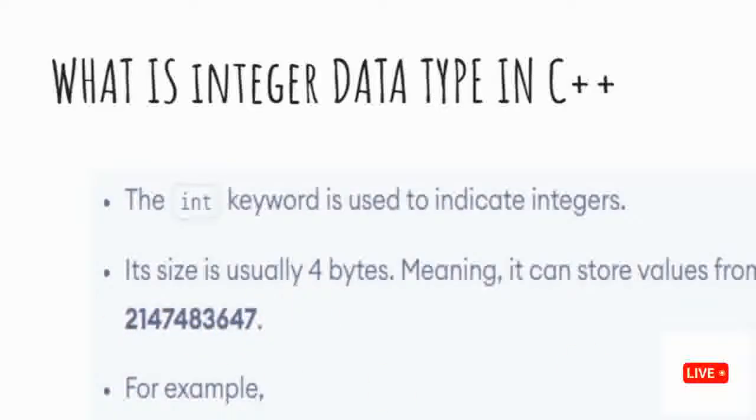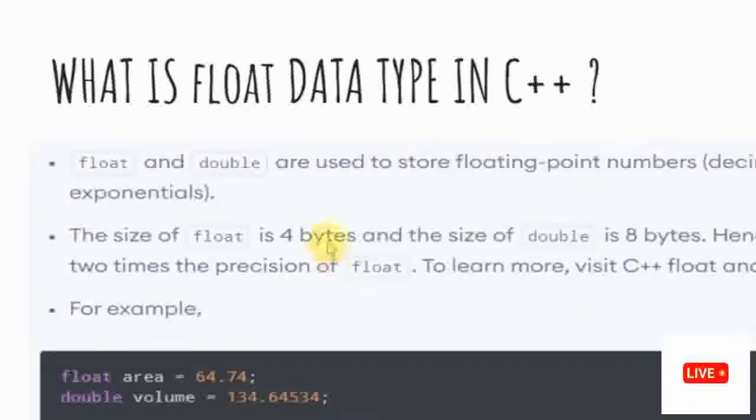This is the entire range of values that we can store inside our integer type variable. I hope you're very clear with what the integer data type is and how you declare integer variables in C++. After this short discussion, we'll also have a look at the practical. So let's move to the next data type.